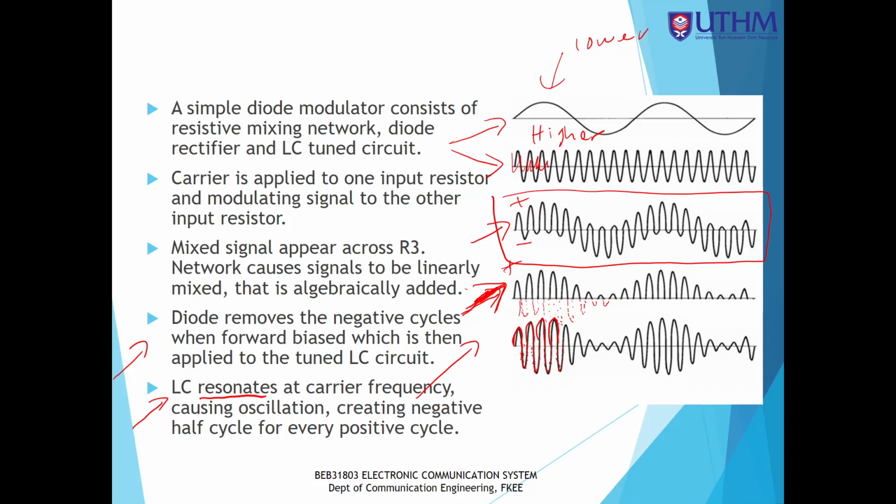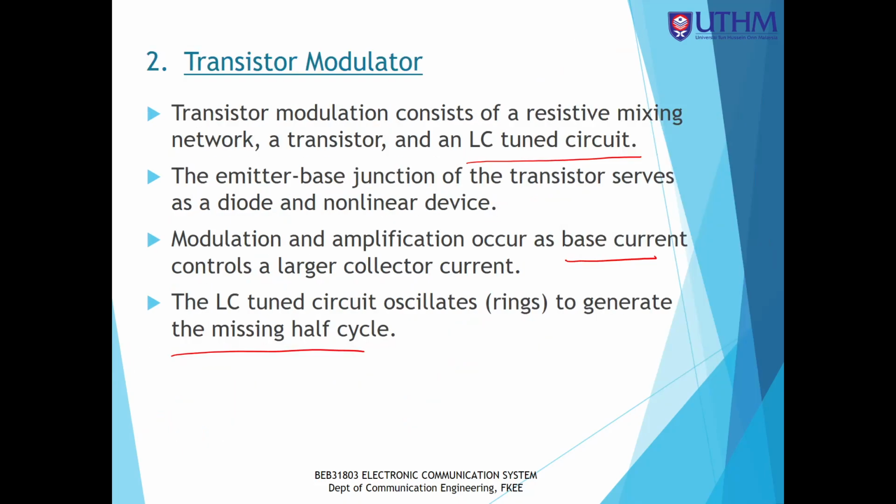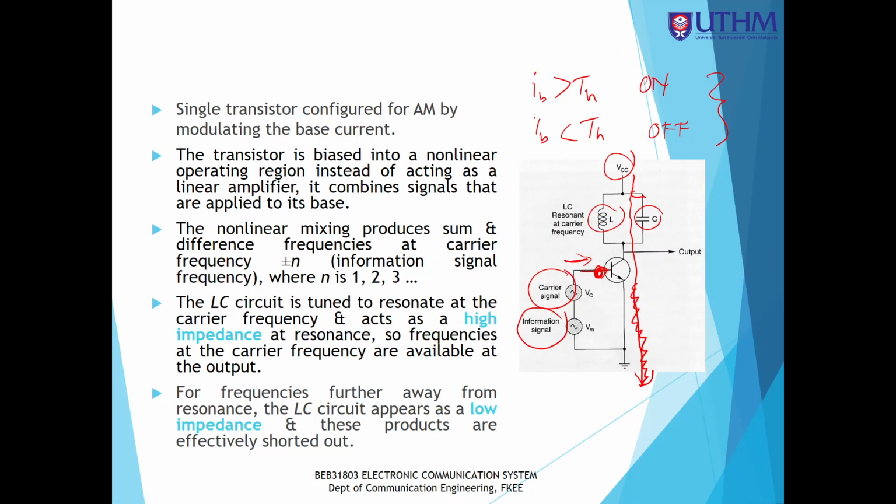Okay, so during the positive cycle, this LC tank circuit will charge, and during the negative cycle of the input, the transistor will clip off the signal and this LC will discharge.